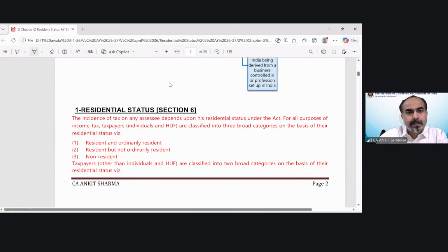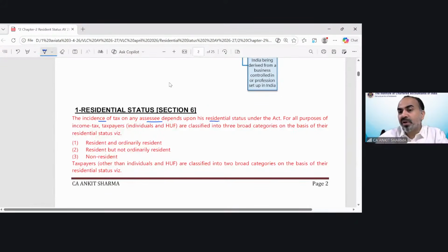For all purposes of income tax, taxpayers, individual and HUF, are classified into three broad categories: resident and ordinary resident, resident not ordinary resident, or non-resident.